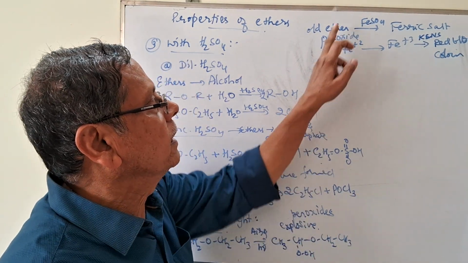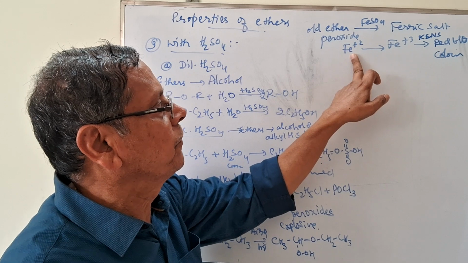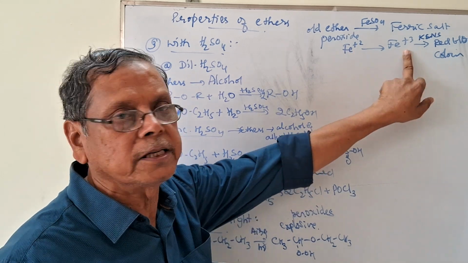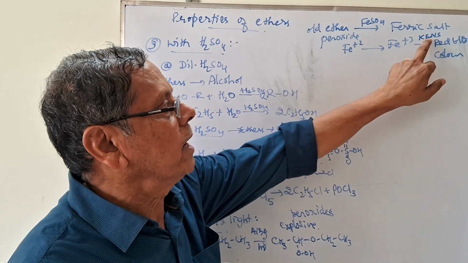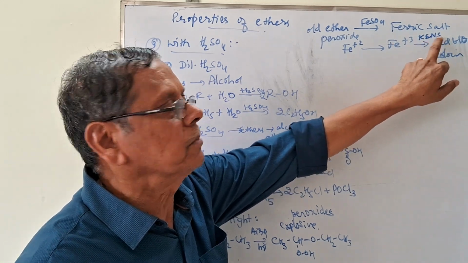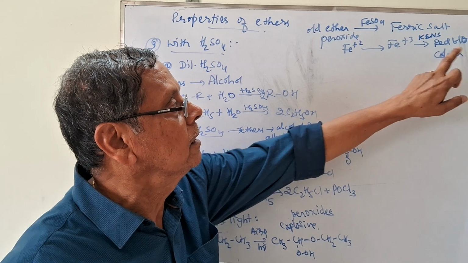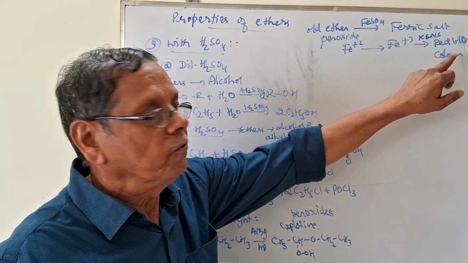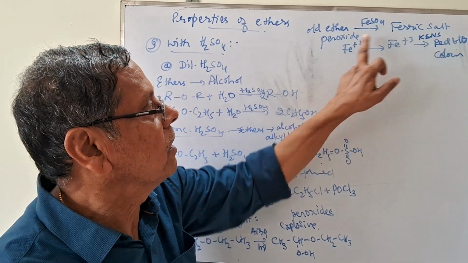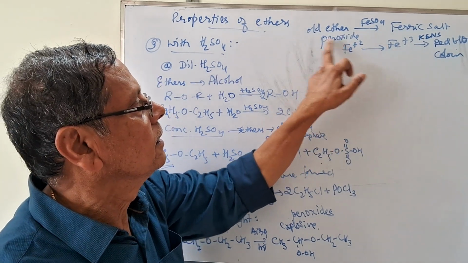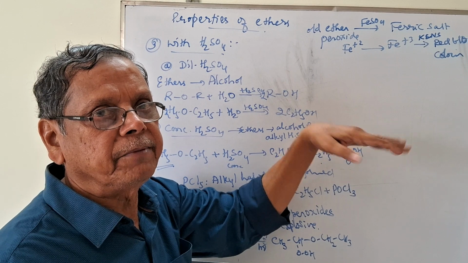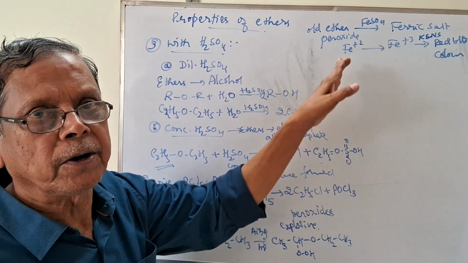If old sample contains the peroxide, then ferrous ions are oxidized to ferric ions. This will react with KCNS to give rise to blood red color. Formation of the blood red color indicates the oxidation of Fe+2 to Fe+3, which in turn will indicate the peroxide.